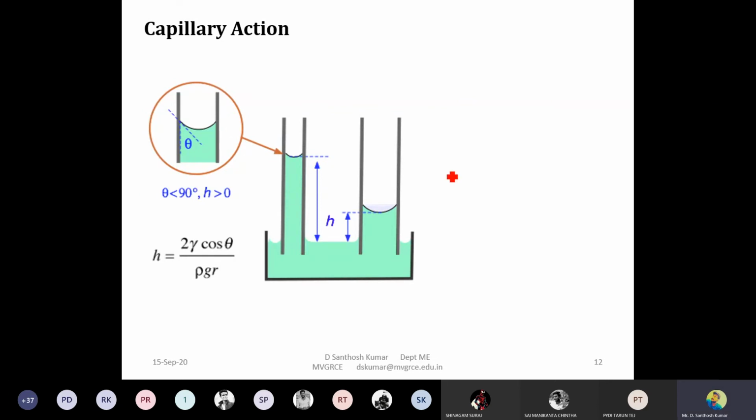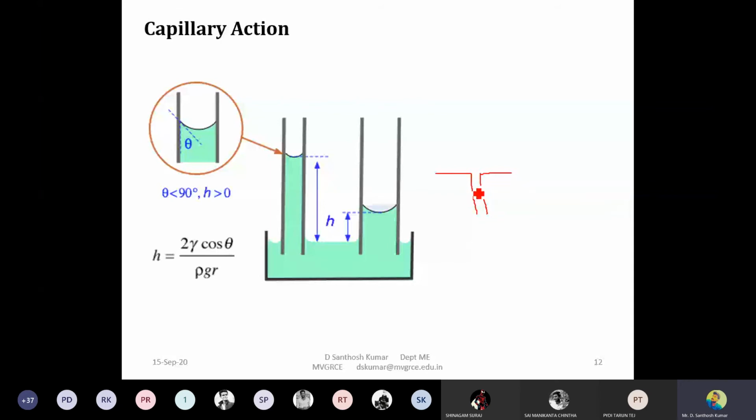Here you can see, for example, this is a solid surface and we have a crack like this.